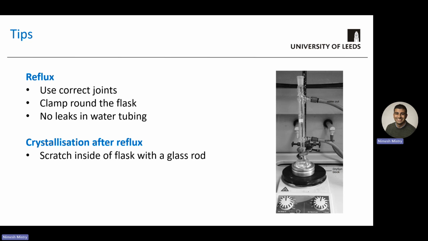By scratching it with a glass rod, you induce the crystallization to occur. So don't worry if you cool your reaction and you don't get any precipitate forming straight away. It's quite likely you'll just need to scratch the flask with a glass rod, and then you should get some solid forming.